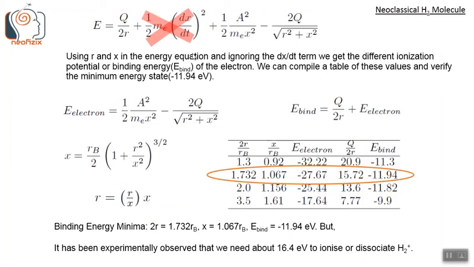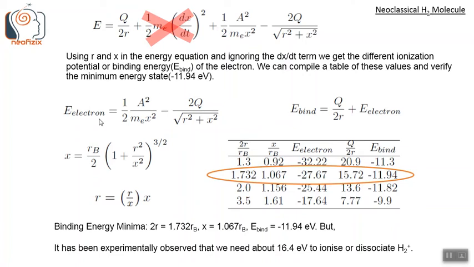So using x and r values in the energy equation and ignoring the dx by dt term, we get the different ionization potential or the binding energy of the electron. We can compile a table of these values and verify the minimum energy state, that is minus 11.94 electron volt. Using this energy equation, we can define a couple of new terms.